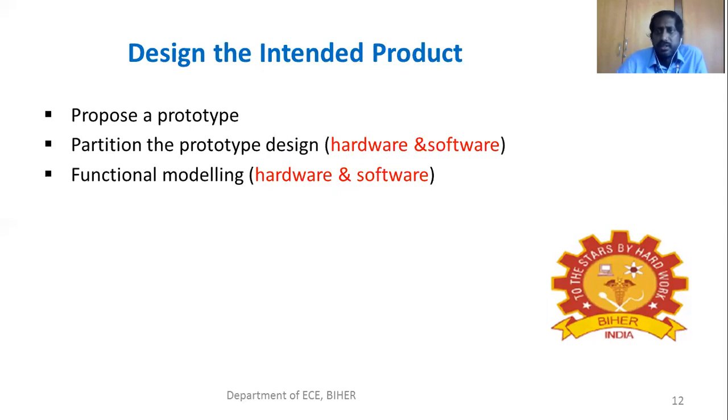Before the final implementation, you should design a prototype. Then partition the prototype design. An embedded system has a major partition of hardware as well as software, and then produce a functional modeling of the hardware and then the software. Actually, it's not a simple thing. There are a lot of parameters involved.